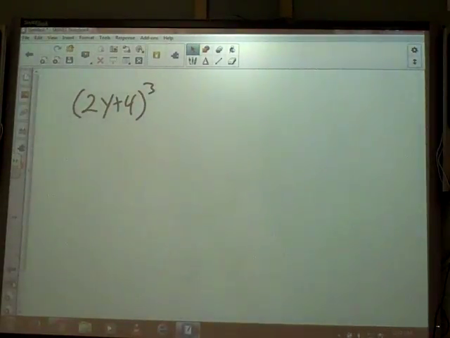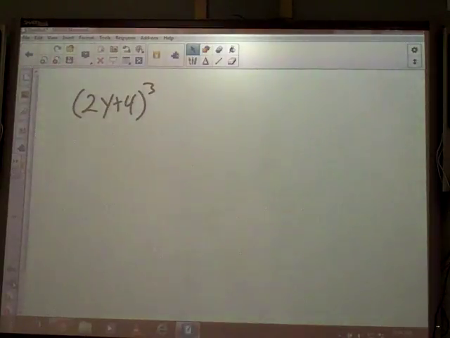Hold on. It's 96y, like on the last one. When you get the two problems, you multiply. When you add, your final step is you add like terms.